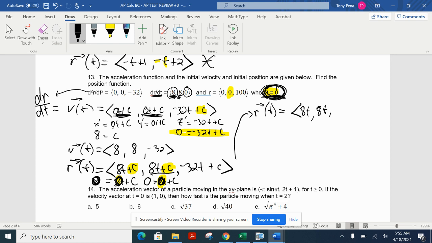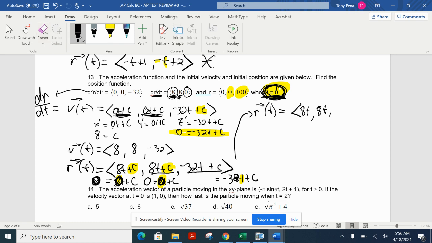And then the last one, we do have a little something now, is this z position, negative 32t plus our constant. If we let our time be a 0 here, notice how our z position is 100.